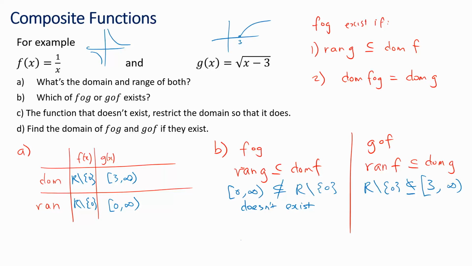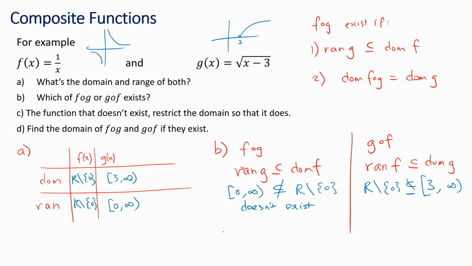We don't want it to be 0 to infinity. We need it to be anything but 0 to infinity. We just don't want that 0. So the only way to do that is if you change the domain. If you change what you're putting in, it changes what you get out. So the only way not to get the 0 is to change the domain here.